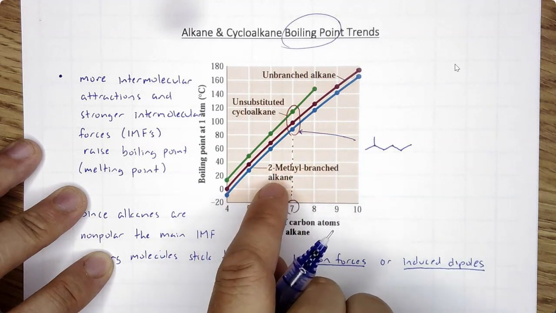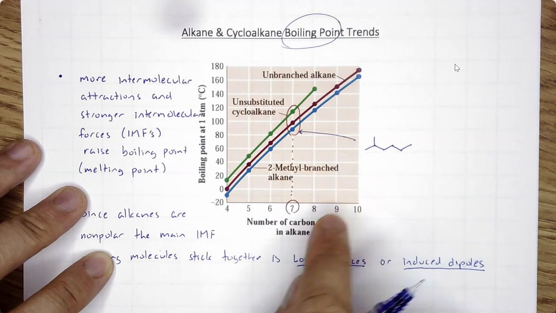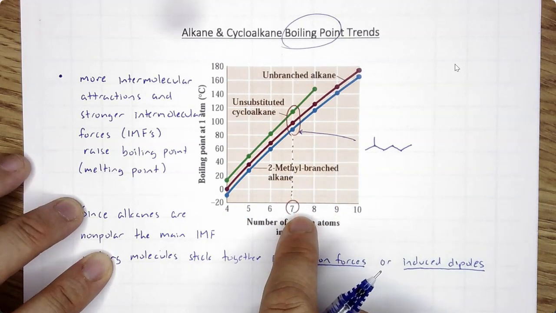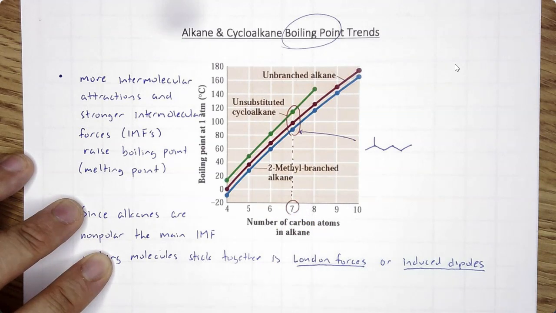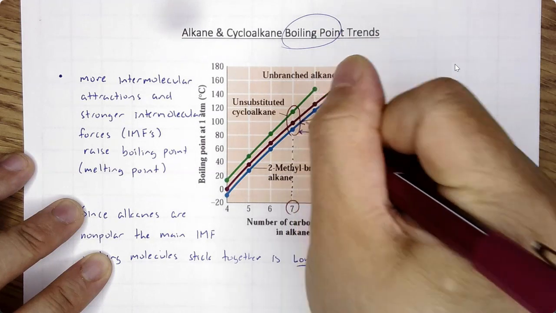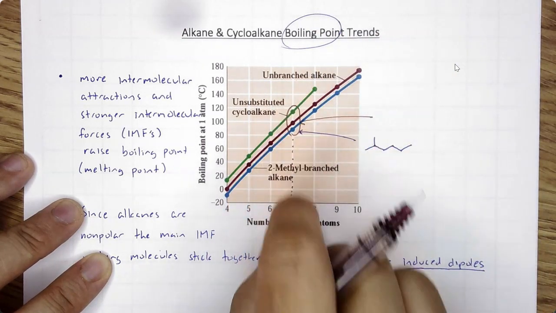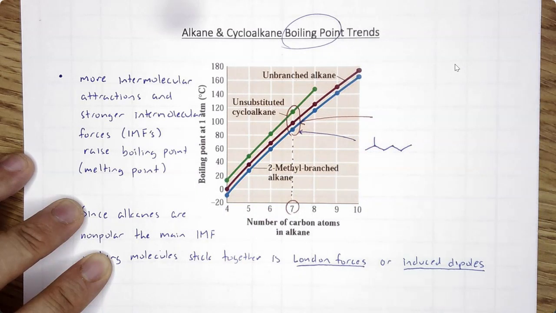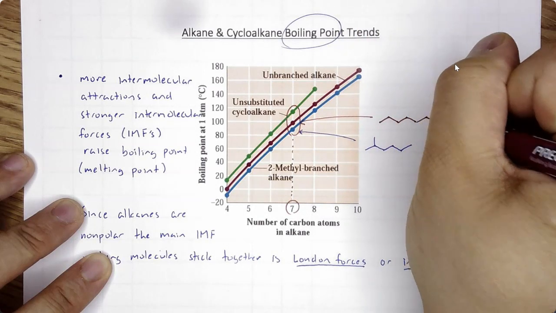On the blue line, these are molecules that have a methyl at carbon number 2, but I'm interested in the molecule that has a total of 7 carbons. Now, this red dot, which has a higher boiling point, is what? The red is unbranched alkane. Okay, a 7-carbon unbranched alkane. 1, 2, 3, 4, 5, 6, and 7.